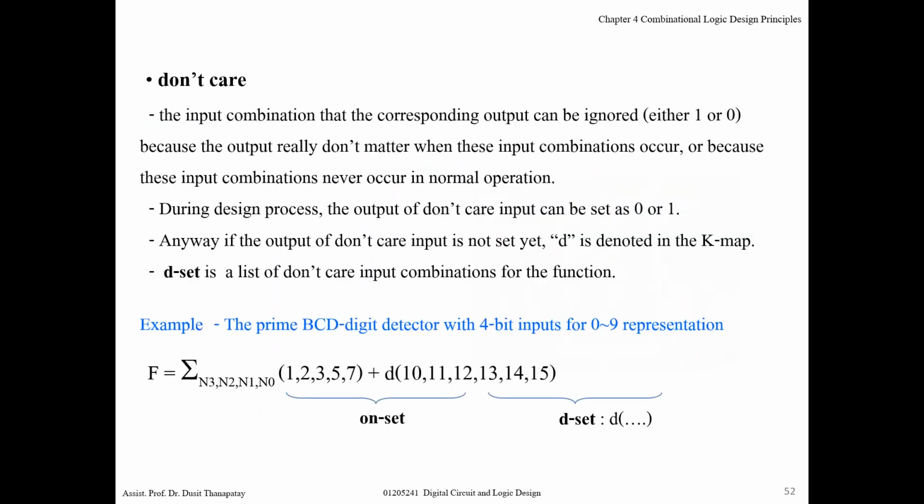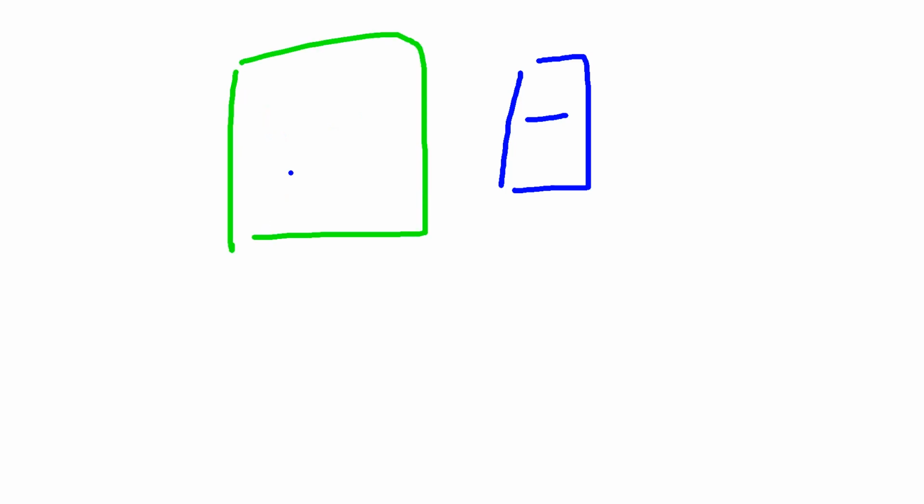And the next one, don't care, for some circuits or some functions. For example, if you want to show something like a seven-segment display, maybe someone may know it, and this is the input.